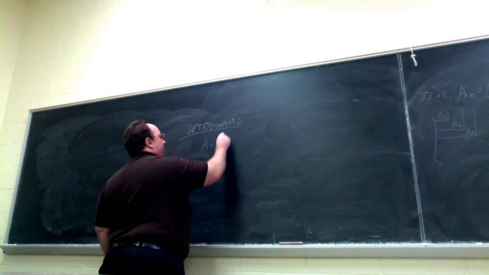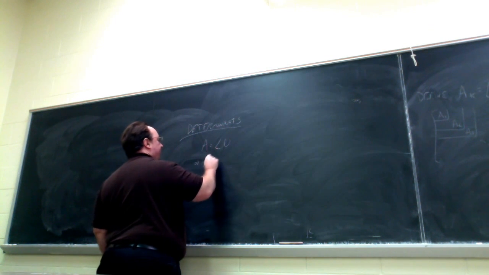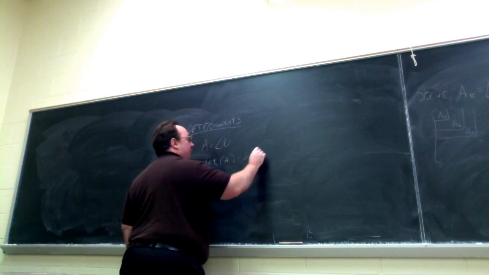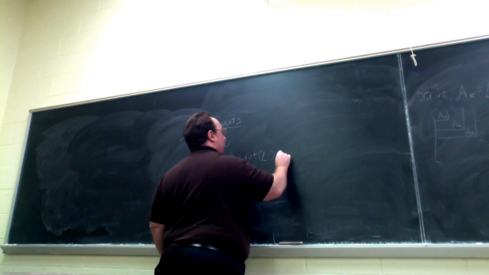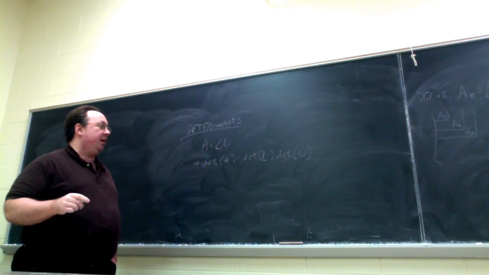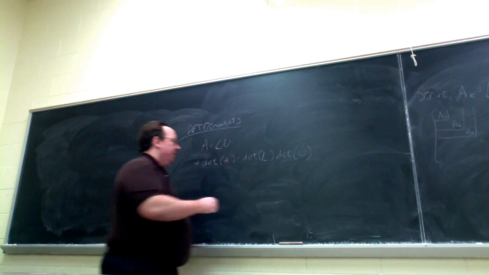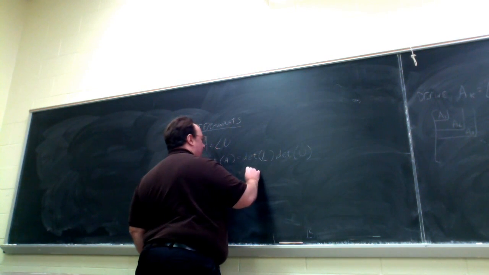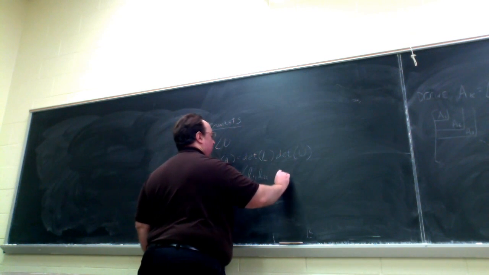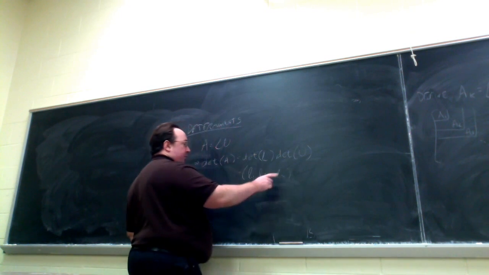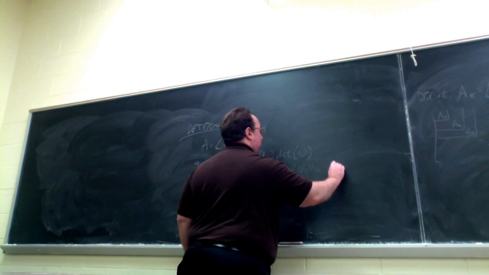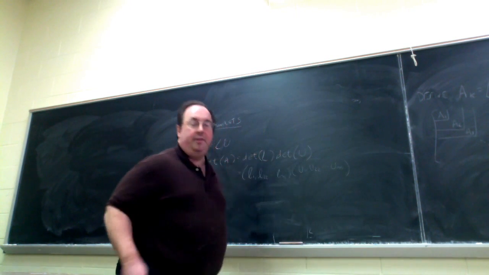A is equal to LU, and the determinant of a product is the product of the determinants. Also, the determinant of a triangular matrix is just the product of all the diagonal entries. So we have this for the determinant of L, and this product for the determinant of U.